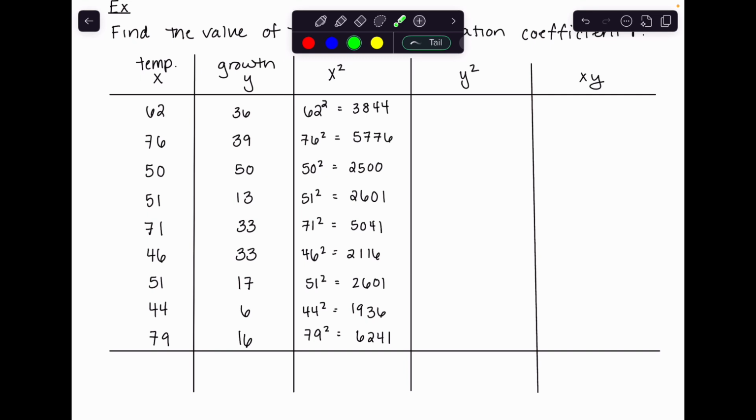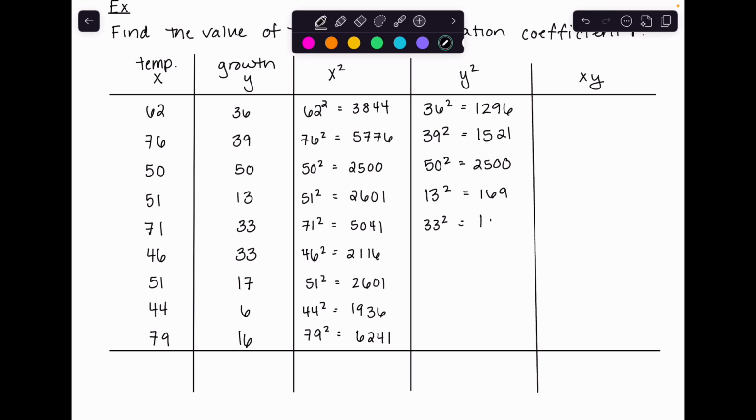Now we're going to do the same thing with y. We're going to take each of these values and we square it. So first up is 36 squared, which is 1,296. 39 squared gives us 1,521. 50 squared is 2,500. 13 squared is 169. 33 squared is 1,089.